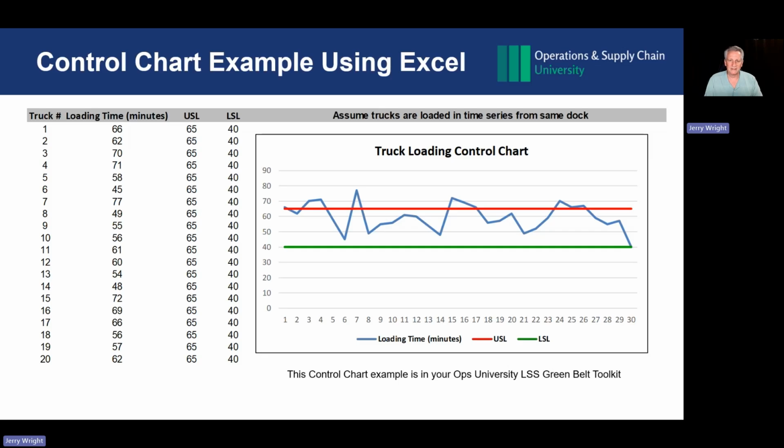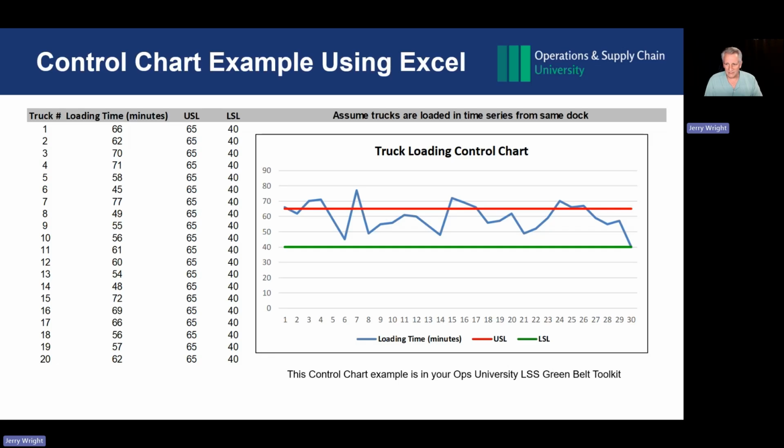This is basically saying this is how I need to control this particular process of loading trucks. Now, if I did the upper and lower control limits, we'd be calculating those, as we said, the average plus 3 times the standard deviation and the average minus 3 times the standard deviation. But in this case, I've set a spec limit so I know how I'm doing within my truck loading capability.